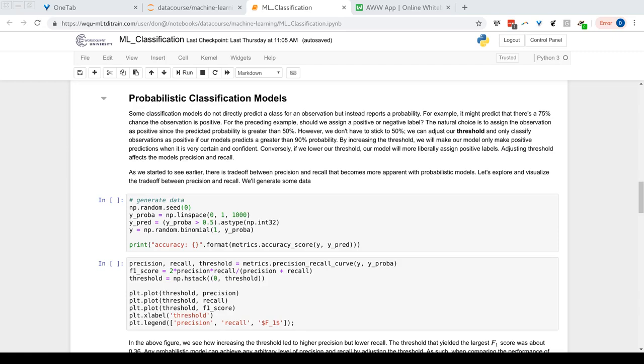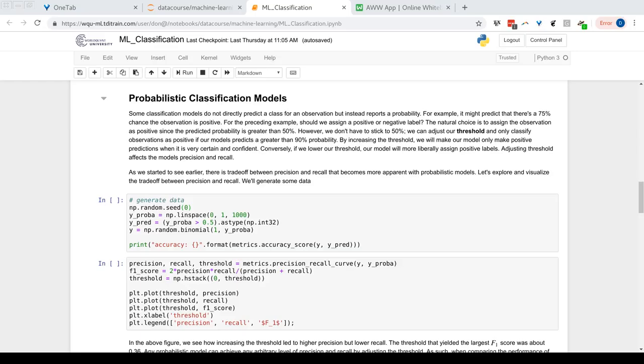On the other hand, if it becomes very important for me to make sure that any image that comes in here, if it's a cat, I label it as a cat, then I can drop my threshold to be very small. Because my threshold is very small, I only need a very small amount of certainty to say something is a cat.